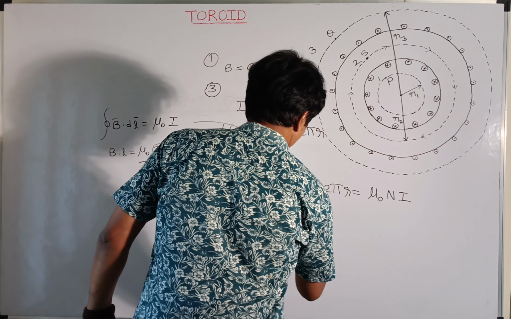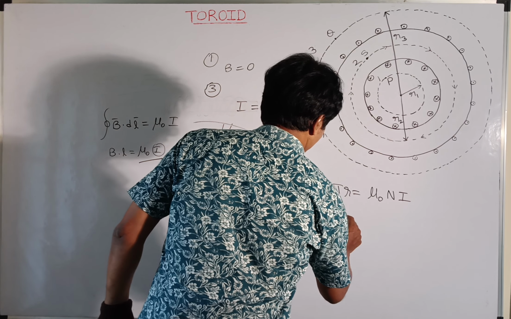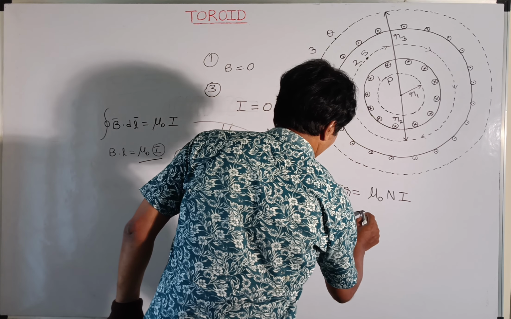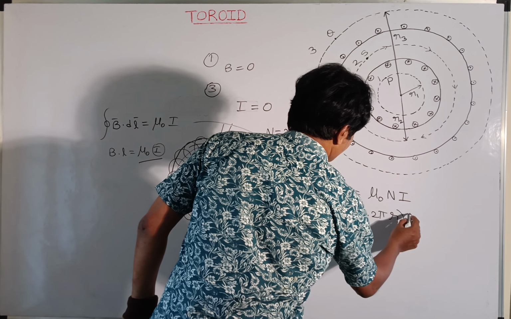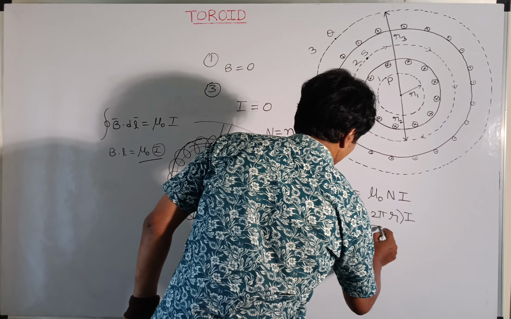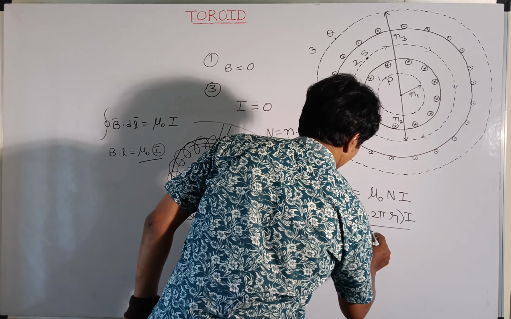So by this we can write mu naught n into 2 pi r into I by 2 pi r.